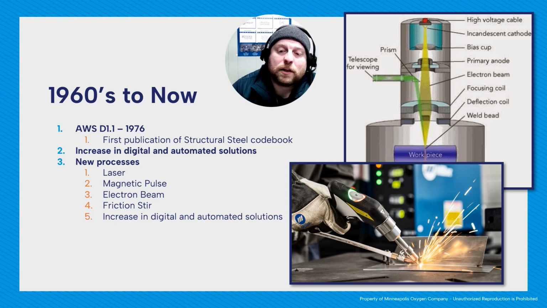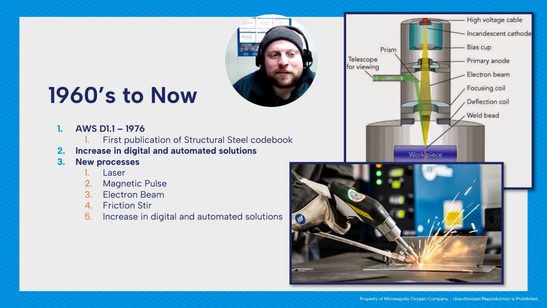If we look to the 1960s and now, another AWS thing, our American Welding Society thing, is the first edition of D1.1 came out in 1976. D1.1 is the structural code for welding steel. I don't know, pretty close to a Bible, I guess, as far as how to put things together structurally with steel, and how to do it correctly, how to make sure people understand what's been done with engineering to make sure you get a good result.